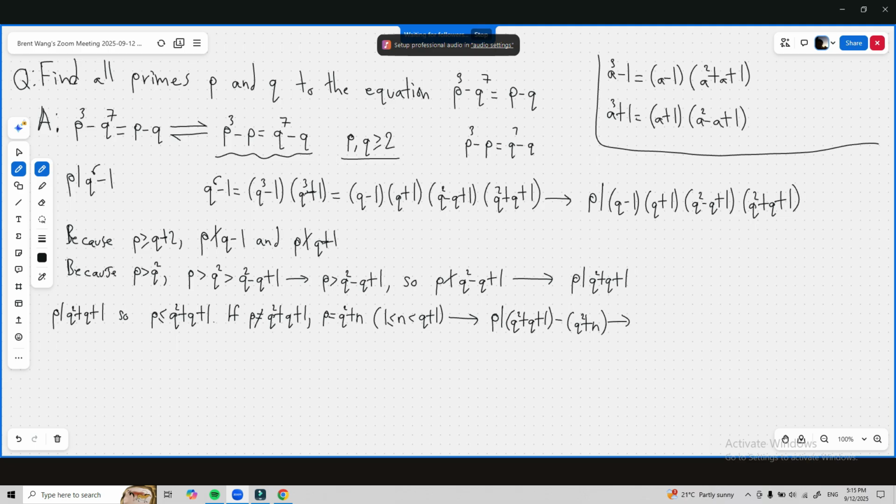If you do the subtraction, P divides Q plus 1 minus n, which is clearly less than Q. P is clearly bigger than this because P is bigger than Q, right? So if P is bigger than Q, then P is bigger than Q plus 1 minus n, which is a contradiction. This is not true. So as a result, P has to equal Q squared plus Q plus 1.